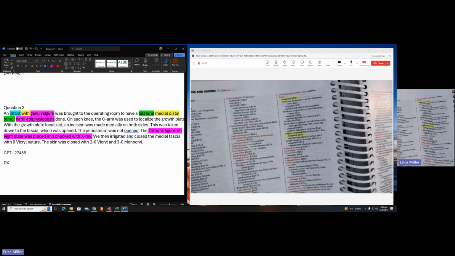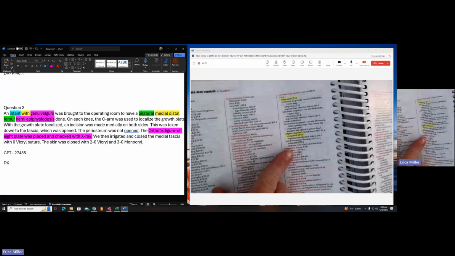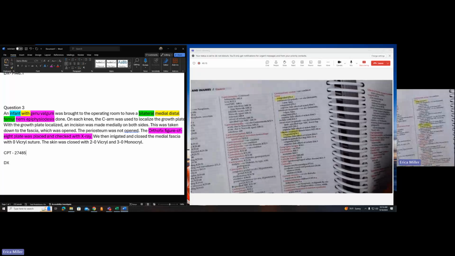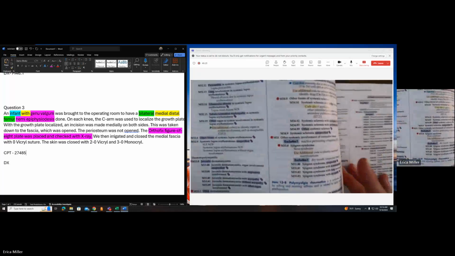When they tell you a baby is brought into the operating room for a condition and you find in your index you've got two options for that condition, was it acquired or was it congenital? Remember, if we're talking about infants, we're referring to these as congenitals. So Q74.1. All right, let's take a little journey over to our Q codes.